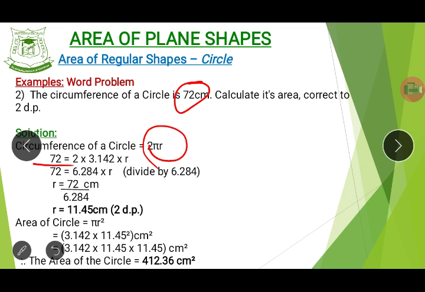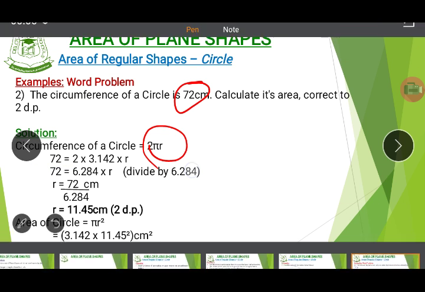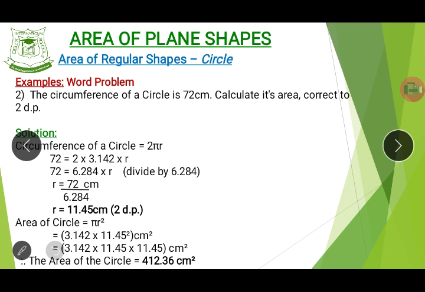So the circumference of the circle, which we've been given to be 72, will be equal to 2 times pi times r. And for pi, I used 3.142 in this one as well, times our radius. We don't know the radius yet, and we need to find the radius to be able to calculate the area of the circle. So, 2 times 3.142 gives 6.284.